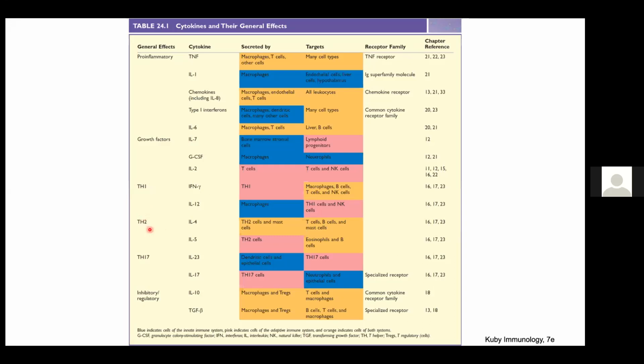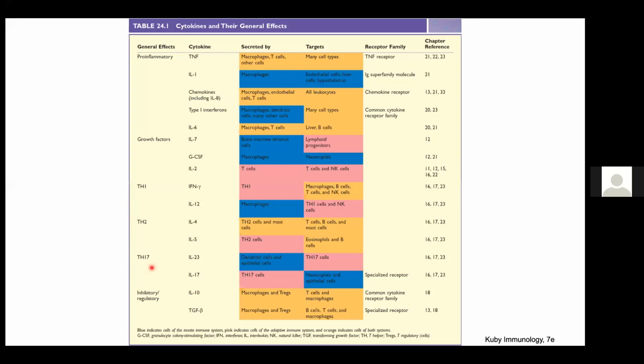The T helper 2 cytokines polarize your cells towards an antibody secreting phenotype, okay? So these are interleukin 4 and 5. So these are important for immunity against helminthic infections. In terms of disease pathology, if you get uncontrolled T helper 2 cell activation, these tend to be seen in allergic immune responses, so allergic disease, and also autoimmune disease, where you get a lot of autoantibodies being produced.